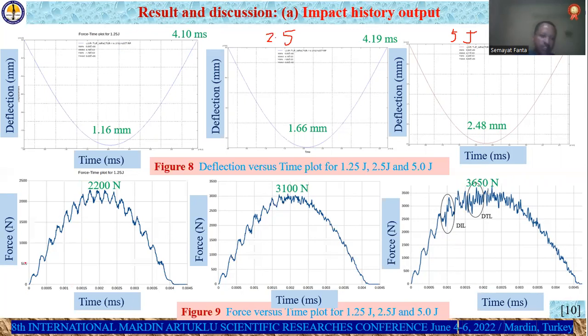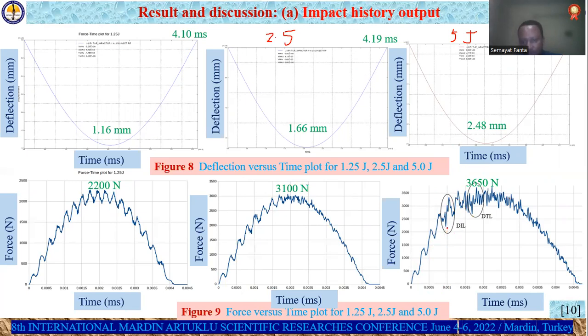Similarly, the force-time plot shows various forces: 2,200 newtons, 3,100 newtons, and 3,650 newtons are the loads obtained. The basic thing we can observe from the force-time curve is that we have an undulation here which shows the damage initiation point.